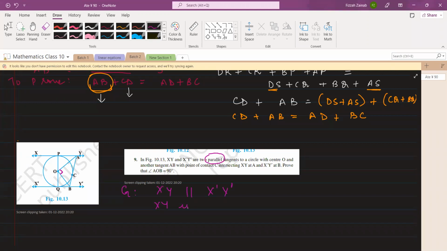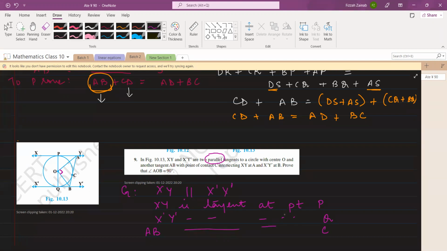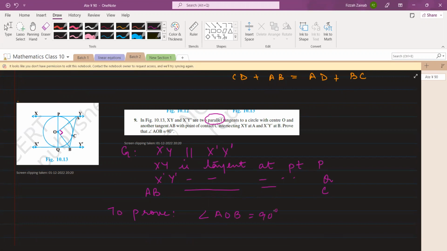And XY is tangent at point P. X'Y' is tangent at point Q. And AB is a tangent at point C. To prove: angle AOB is equal to 90 degrees.